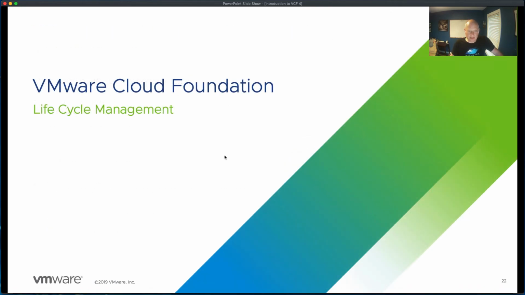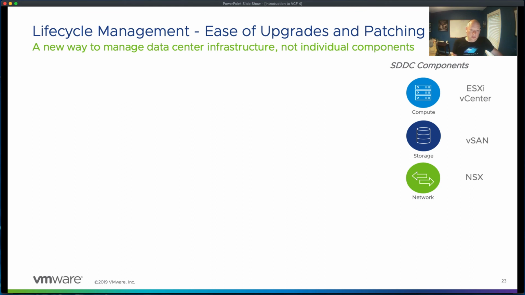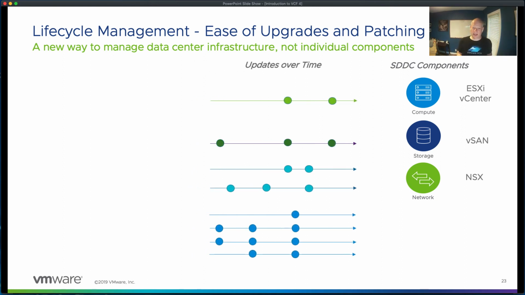Now, let's take a look at another important fact that we talked about early on, the struggle with some customers when it comes to patching and upgrading and maintaining consistency across all their infrastructure. So what we've deployed here is we've got the ESXi hosts, the vCenter, vSAN, NSX. We've got all these different software-defined data center components, right? And they all have different patches or upgrades that occur over time.